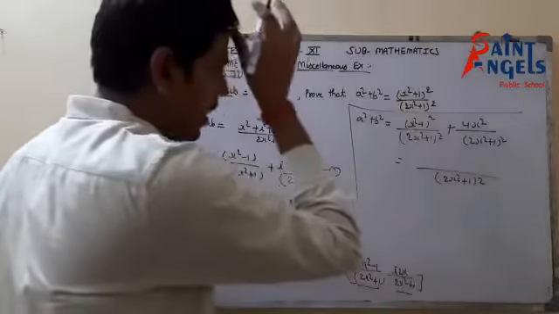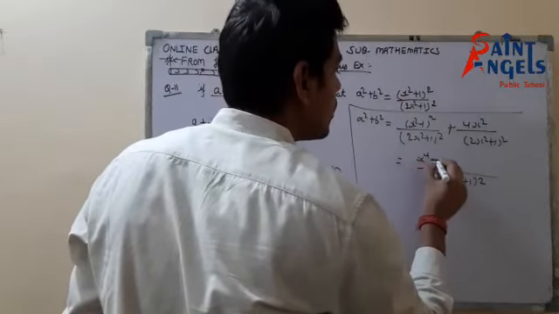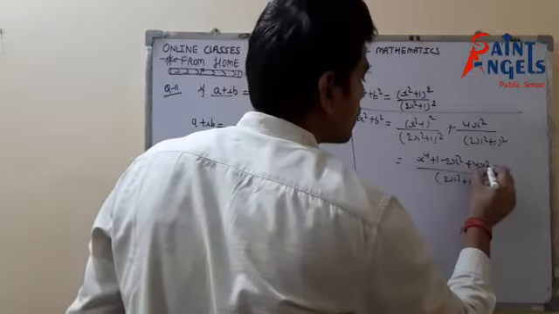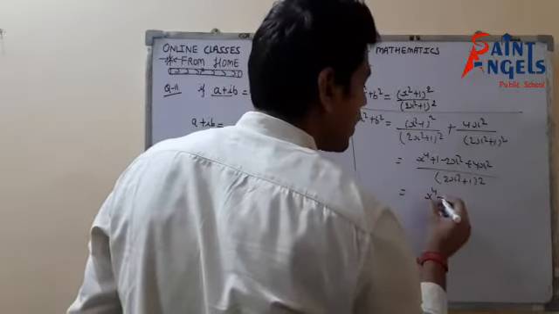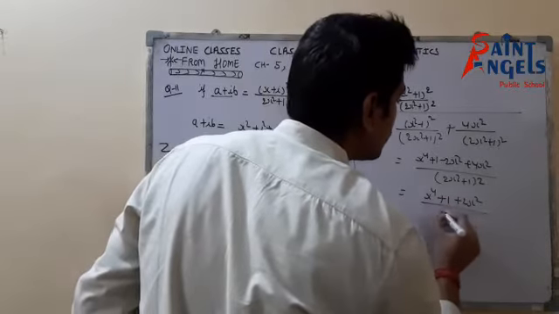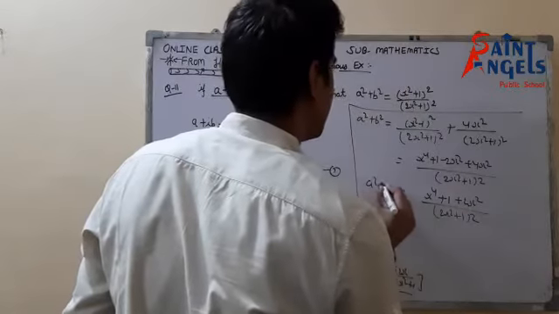Now open the formula of (x square minus 1) whole square. So that would be x to the power 4 plus 1 minus 2x square, and we have plus 4x square. So this is x to the power 4 plus 1 plus 2x square upon (2x square plus 1) whole square, and this is a square plus b square.